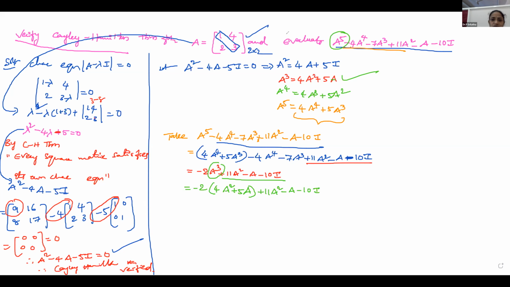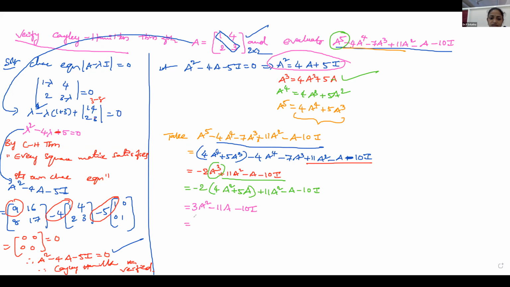Okay. Now simplify this one. Minus 8A square. After simplification, we get 3A square, since minus 8A square and 11A square give 3A square, and minus 10A minus A gives minus 11A, minus 10I. Now here we have to substitute the A square value.